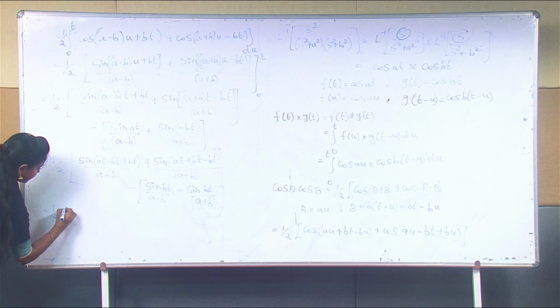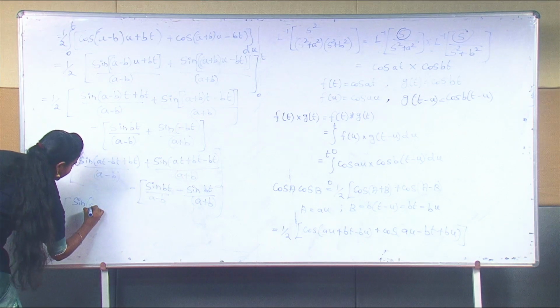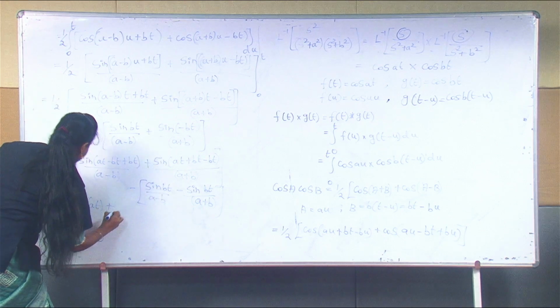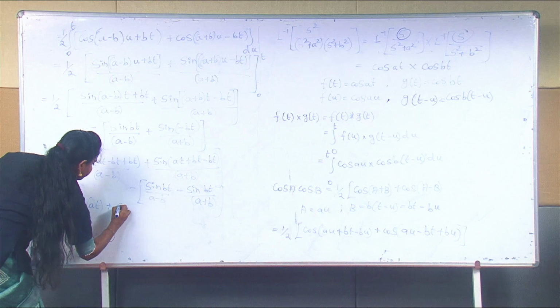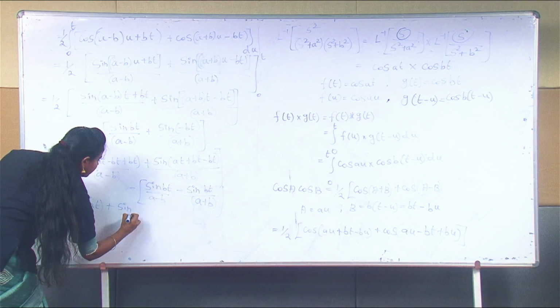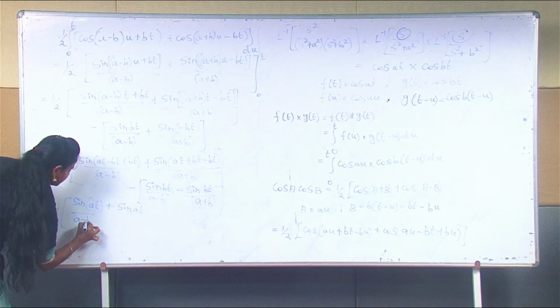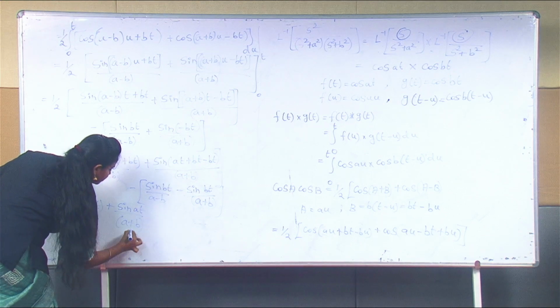Okay, here we just simplify this term. We are getting sine of at divided by a minus b, and sine at divided by a plus b.